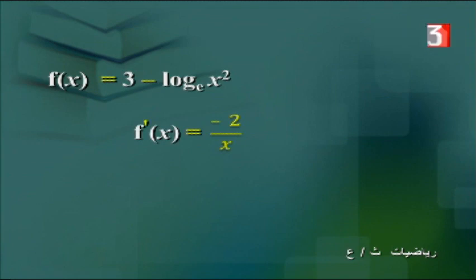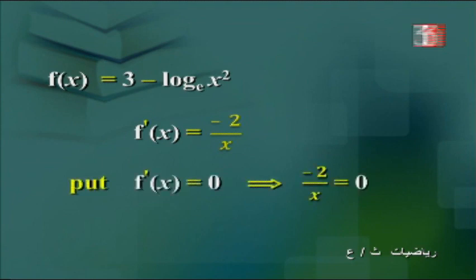Then f dash x equals negative 2 over x, because the derivative of 3 equals 0 and the derivative of log x power 2 to the base e equals 2 over x. The second step, put f dash x equal 0, then negative 2 over x equals 0, and this equation has no solution in R.